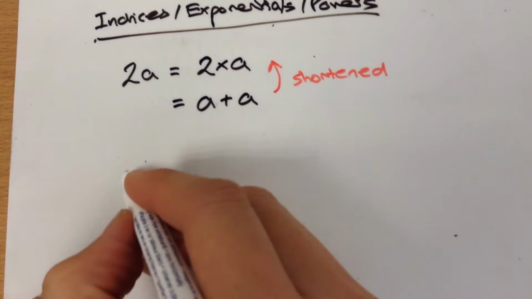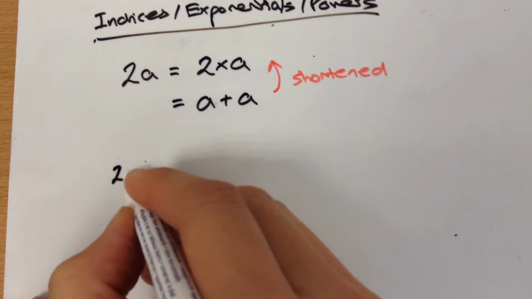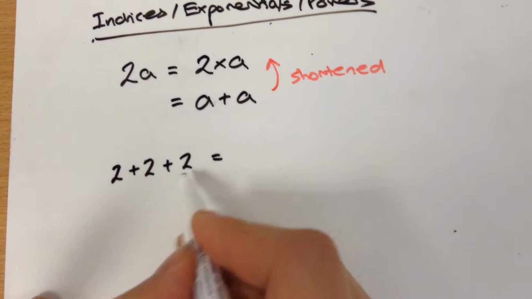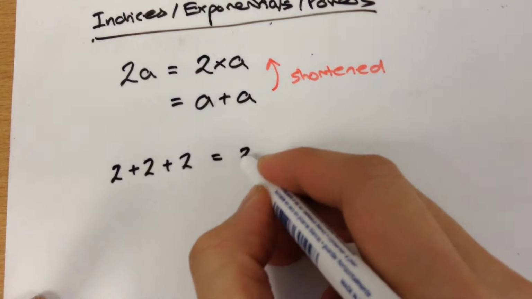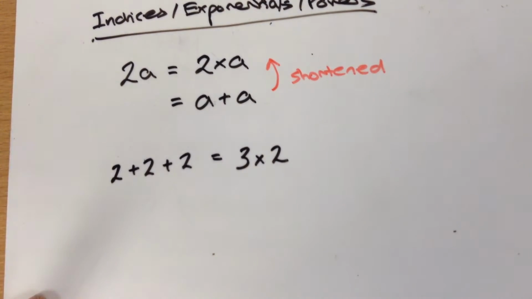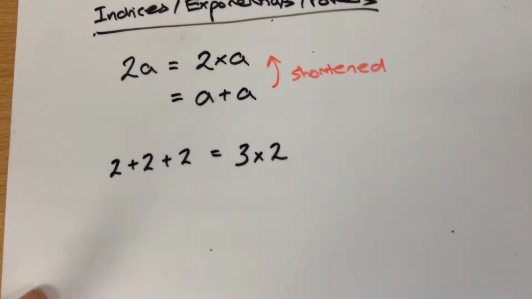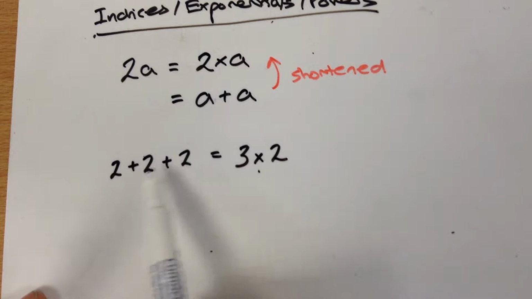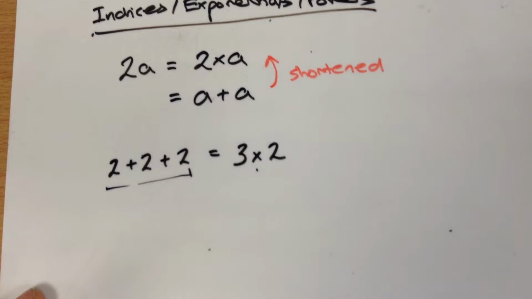So we can have, for example, 2 plus 2 plus 2. You're adding 3 2's together, so that is the same thing as 3 times 2. Again, multiplication is just a shortened way of writing addition.